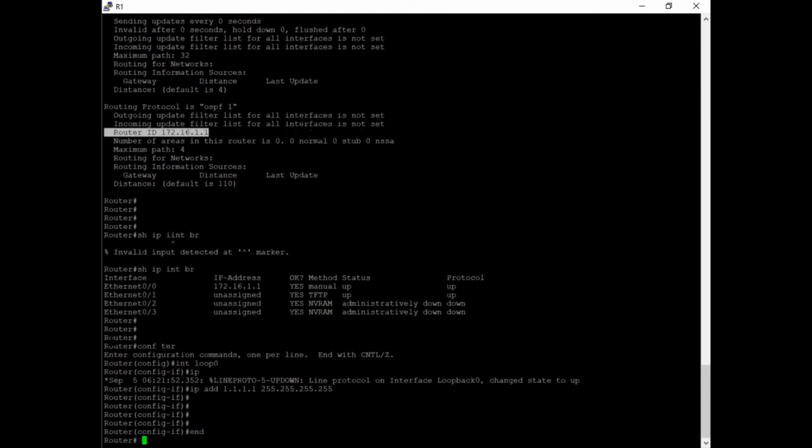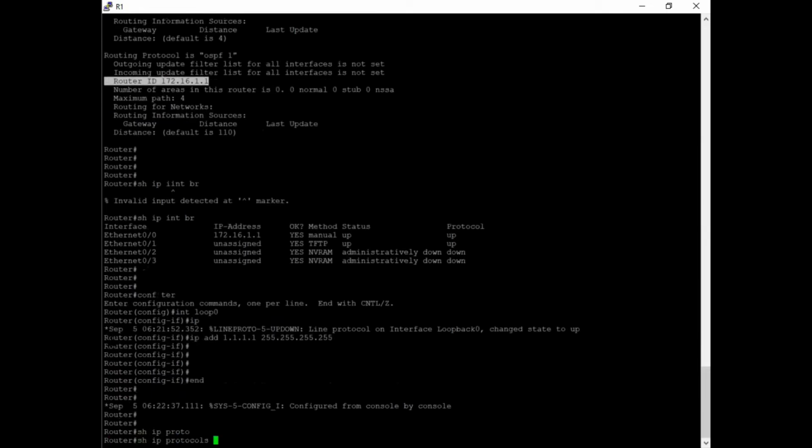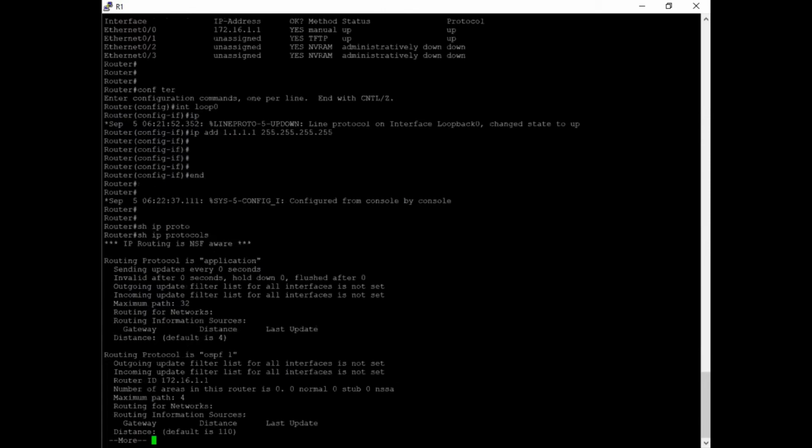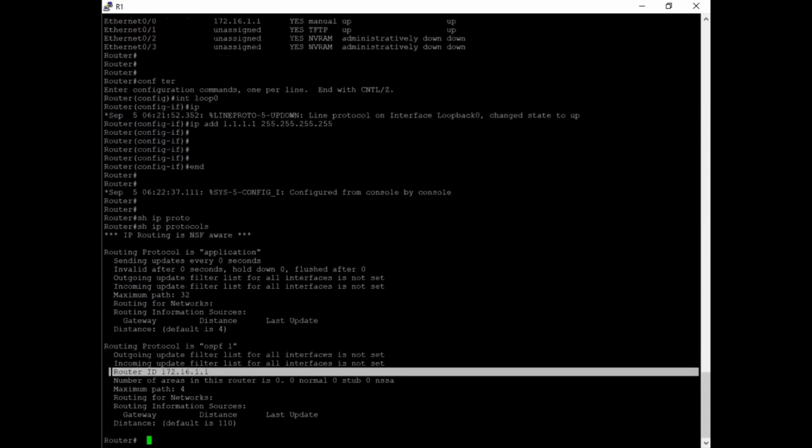It will take loopback. I'm sorry. Shashank, you were saying something? Okay. If I check show IP protocols and hit enter, you can see it is the same. Now let me ask one more question.